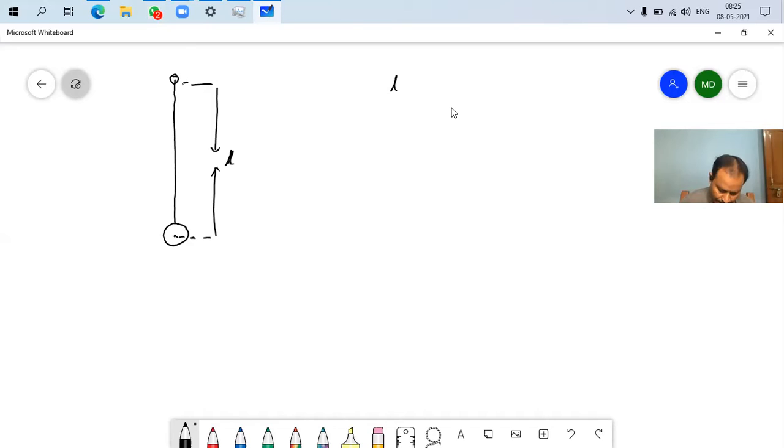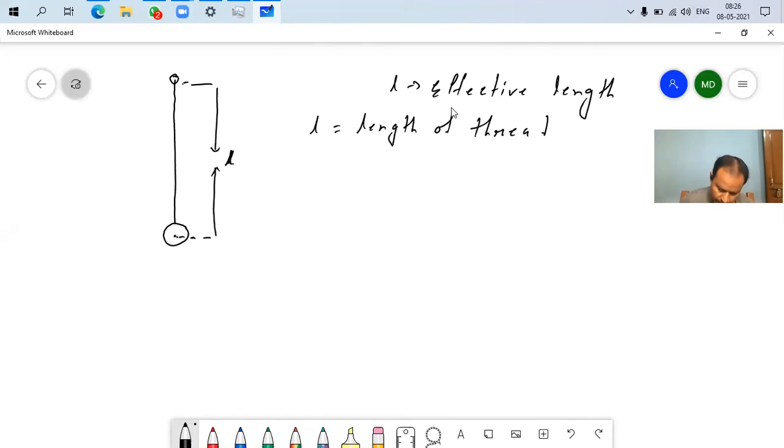So what is L? Effective length. Effective length L is equal to the length of the thread, the hanged substance from which it is hung, plus the radius of the bob.